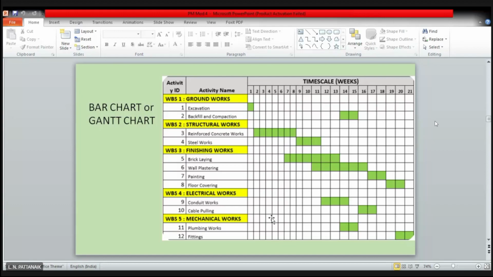Somewhat like this, on the left you are mentioning the various activities, the same thing: their activity code, number, ID, and the description of the activity. And towards the right, you are using a time scale. Maybe you can use some graph paper or any kind of divided paper or scale, or represent it in an Excel sheet or something like that.